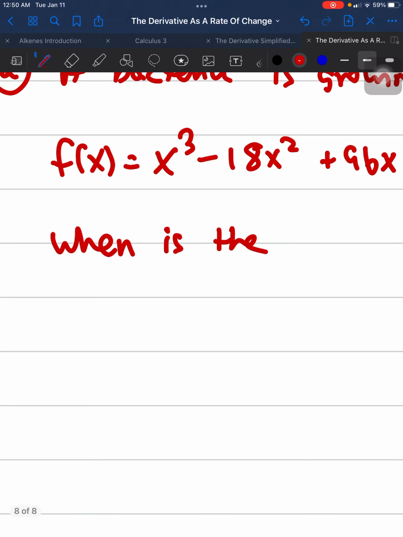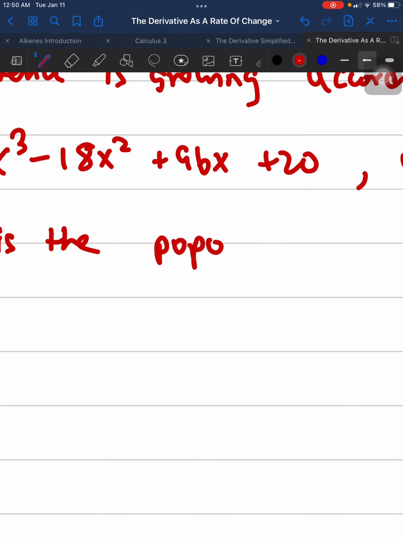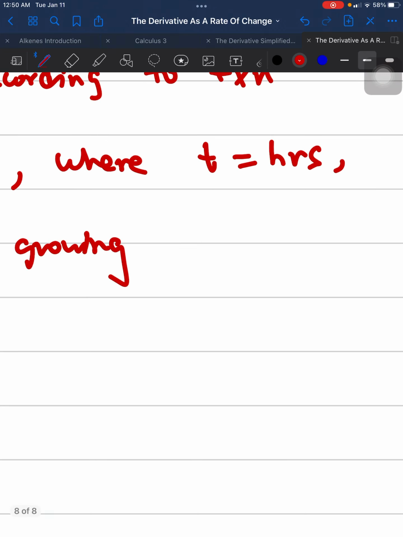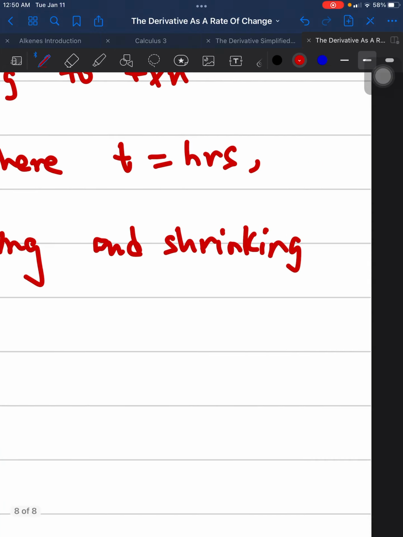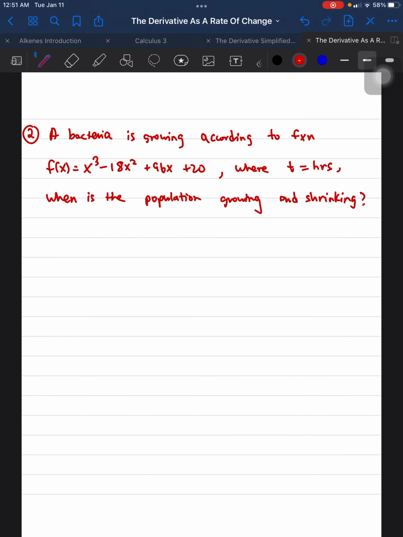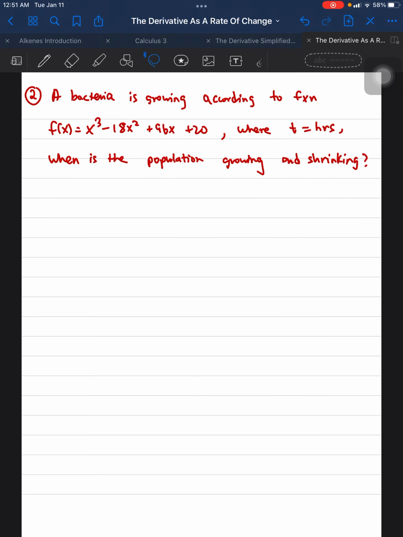And the question to answer is, when is the population of this bacteria growing and shrinking? Growing and shrinking means the same thing as speeding up and slowing down. Growing correlates with speeding up. Shrinking correlates with slowing down. So we're going to apply the same method we used before, but to a real life problem of bacteria.